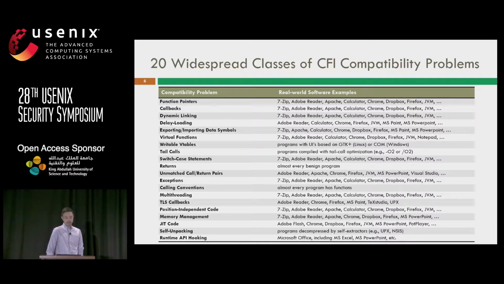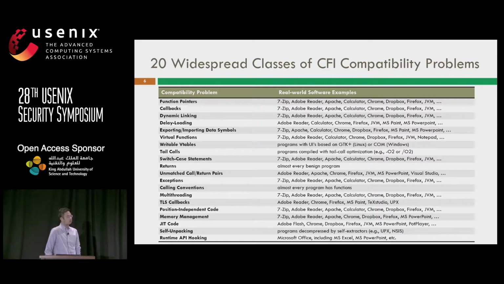On the right-hand side, there are some of the software products in which we found these problems, to show you these are real, not pretend compatibility issues. It would be very difficult to simply apply your CFI algorithm to Adobe Reader, and it breaks probably for 7 different compatibility reasons. You don't have the source code for it, and it's very complicated.